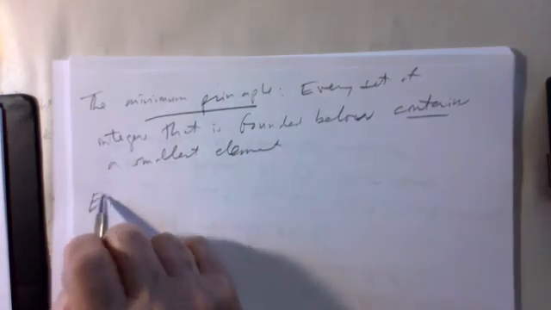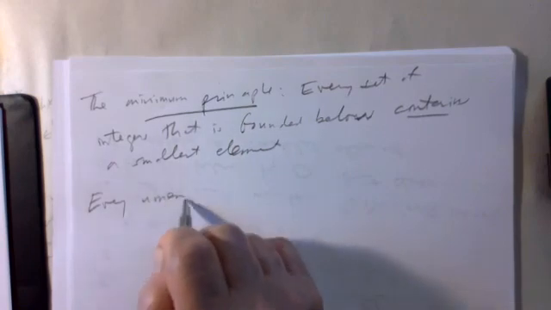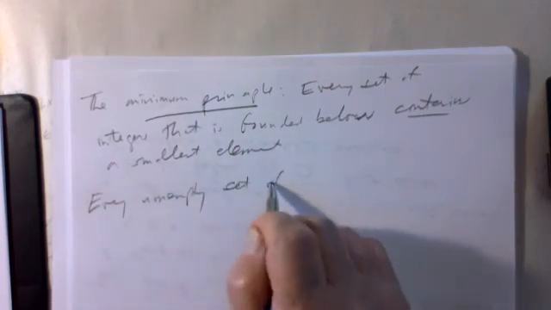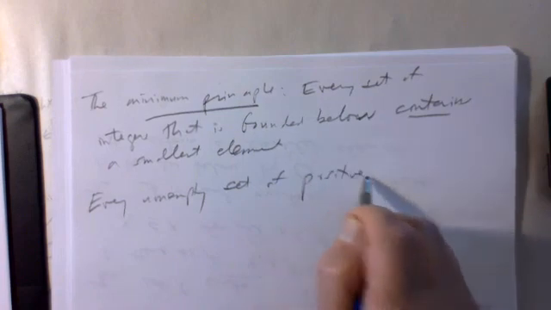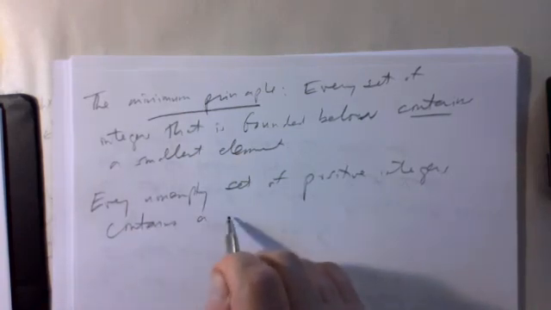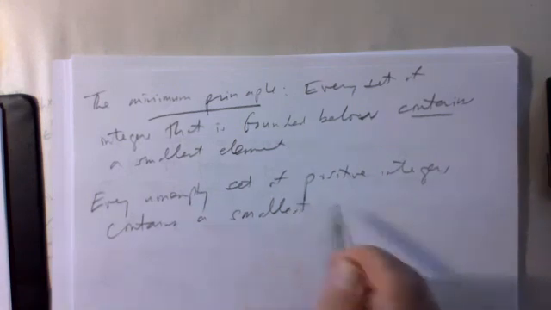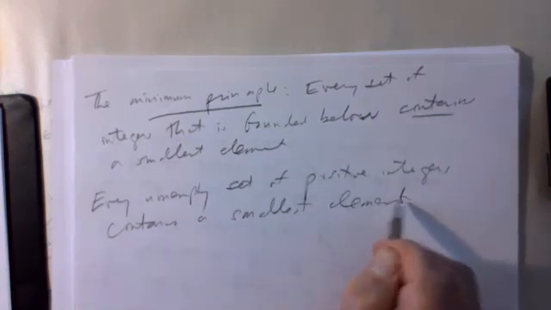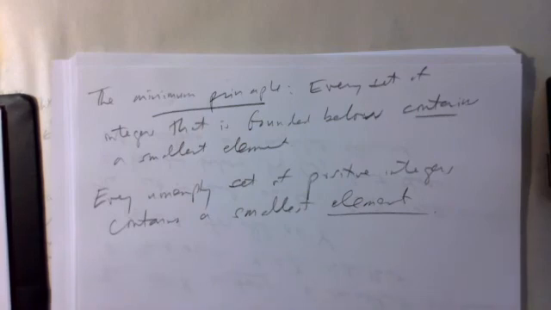So for example, every non-empty set of positive integers contains a smallest element, because the positive integers are bounded below by minus 20. They're bounded below by 0. Actually bounded below by 1. So 1 is not necessarily in the set, but it is bounded below by 1.